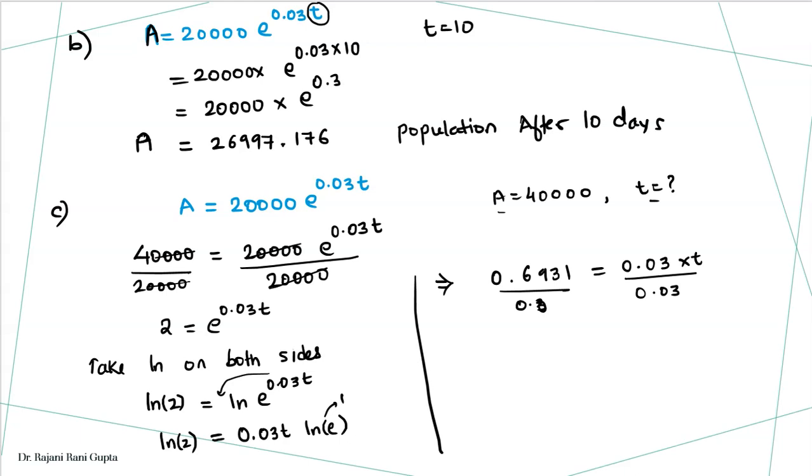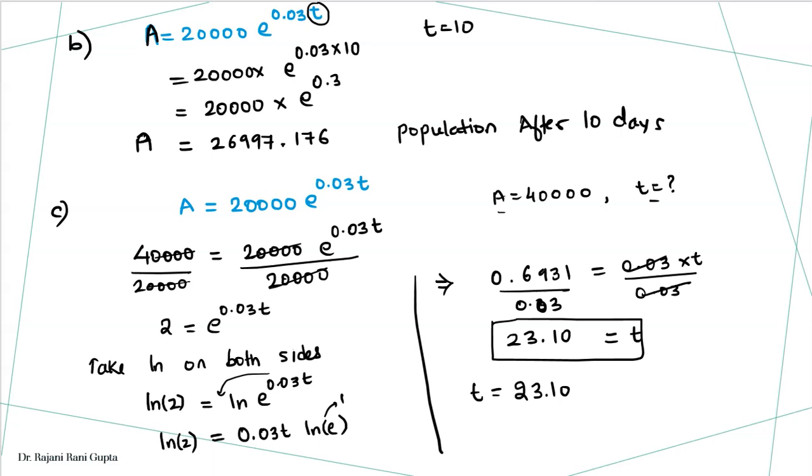On the right-hand side it cancels, giving you only t, and when you divide the left-hand side, you get 23.10. This gives you the value of t. So it takes t equal to 23.10 days for the population to reach 40,000.